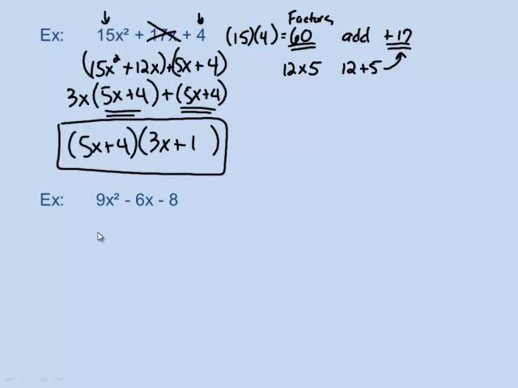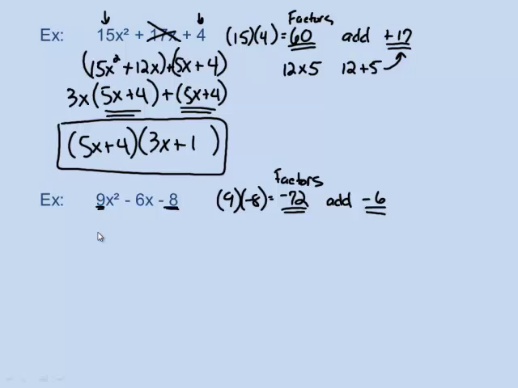Okay, 9x squared minus 6x minus 8. Take the first term and the last term, multiply them together, make sure you carry the sign. In this case, we're going to get a negative 72. Now we're interested in finding factors of negative 72 that will add to give us our middle term of negative 6.